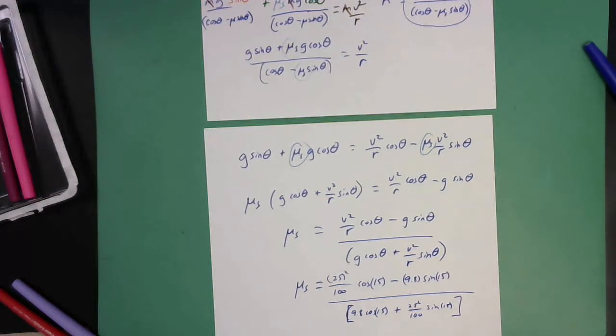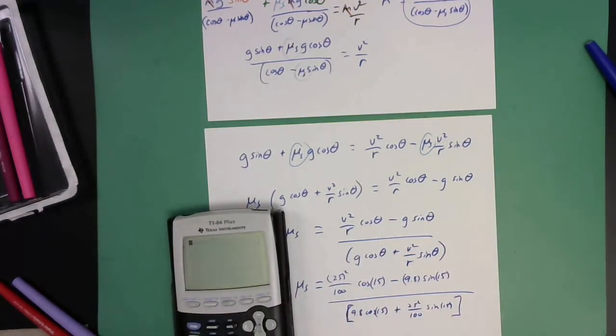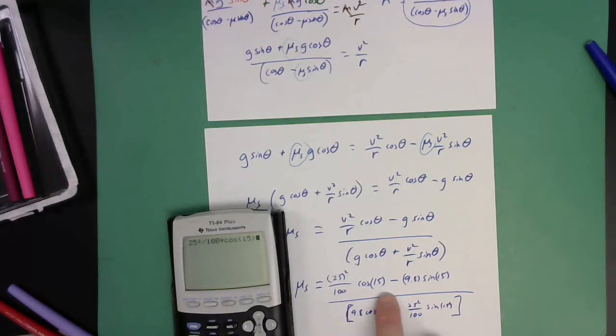Time for the calculator. 25 squared divided by 100 times the cosine of 15 minus 9.8 times the sine of 15. That's my numerator, just about on the nose, 3.5. I'm going to divide it by the denominator, 9.8 cosine 15 plus 25 squared divided by 100 times the sine of 15. Close the parentheses in the denominator.